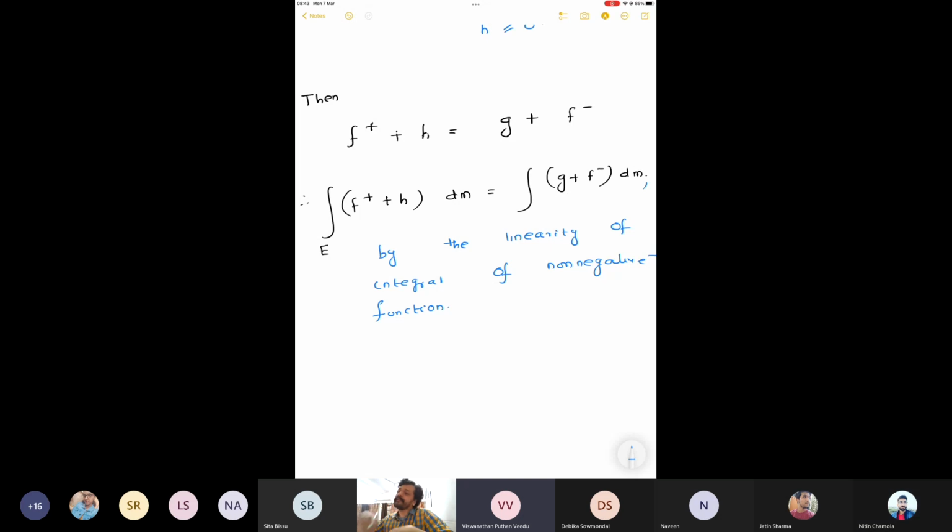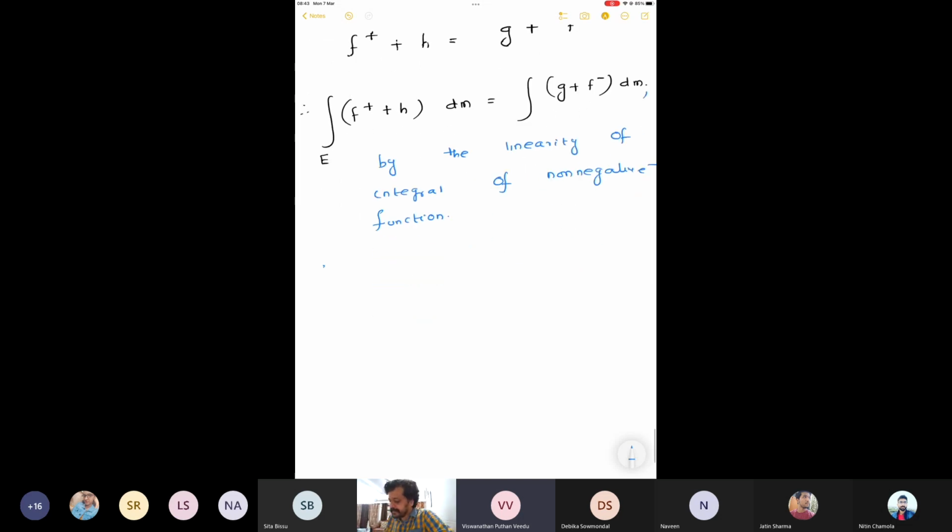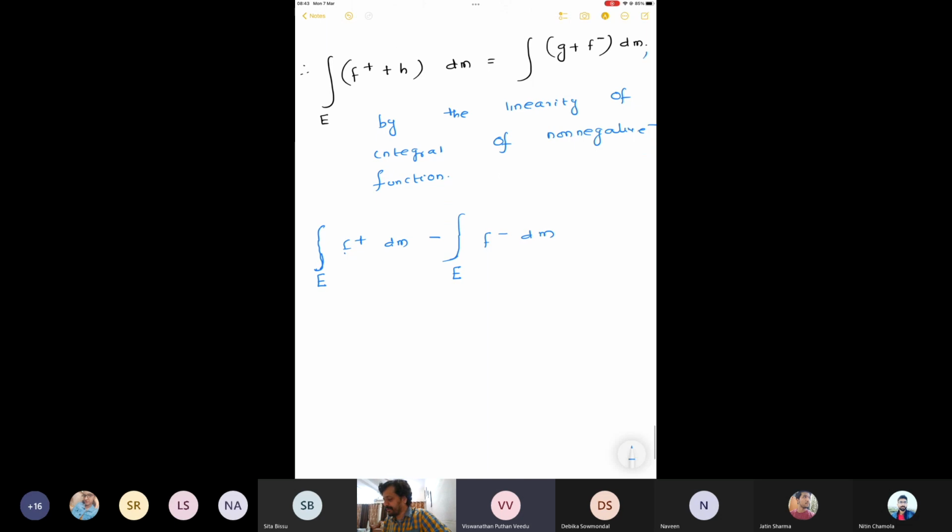Yes. Now suppose f is integrable, then f plus and f minus both have finite value. So you can write the integral over E of f plus dm minus the integral over E of f minus dm is equal to the integral over E of g dm minus the integral over E of h dm.